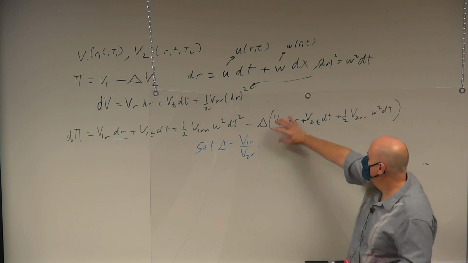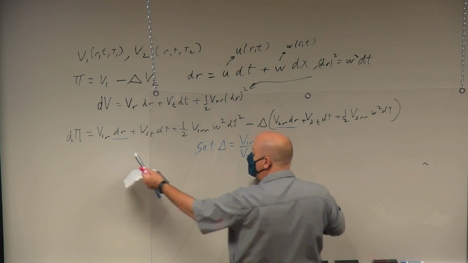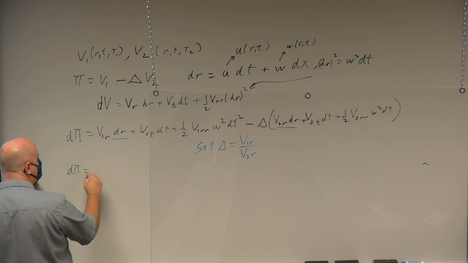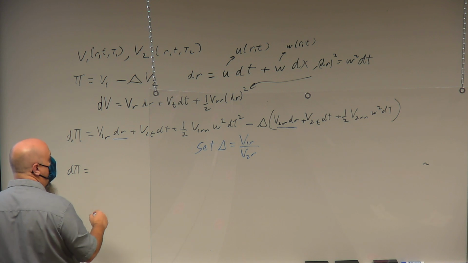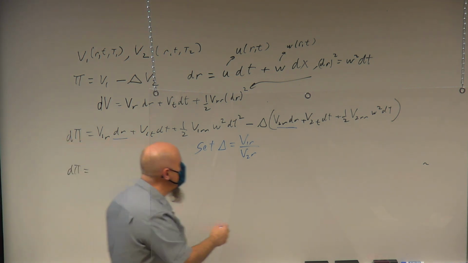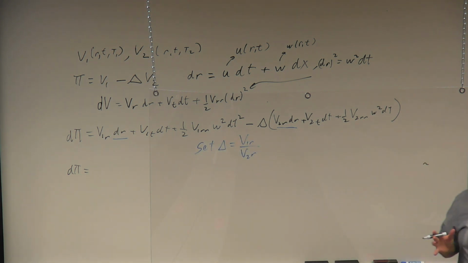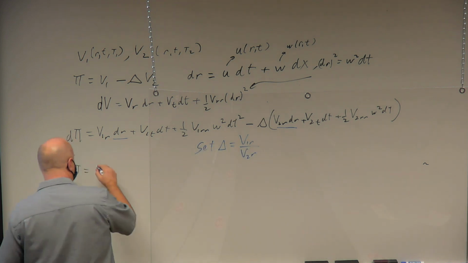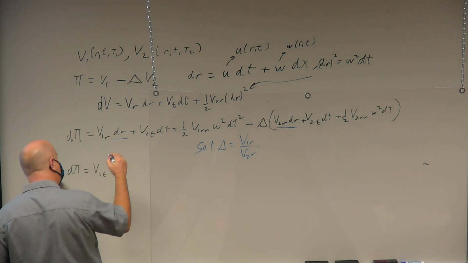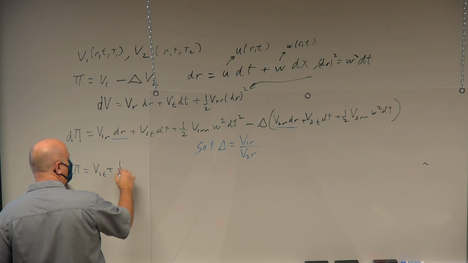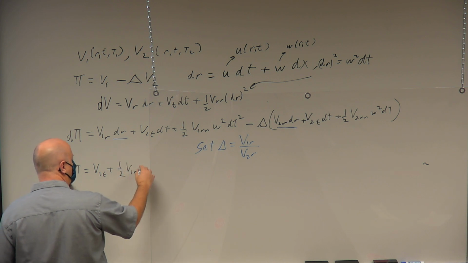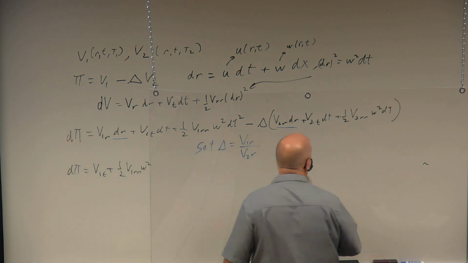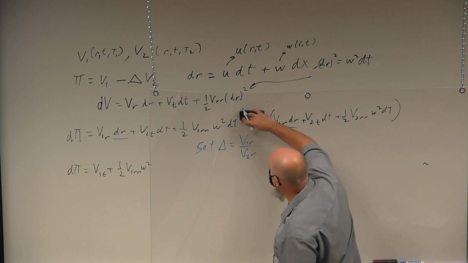When we do that, this piece and this piece cancel out. So what's left is our change in the portfolio is equal to, actually everything's got a dt on it. After I cross that off, everything's got a dt on it. So we've got v1t dt plus 1/2 v1rr w squared. That shouldn't be dt squared, right?